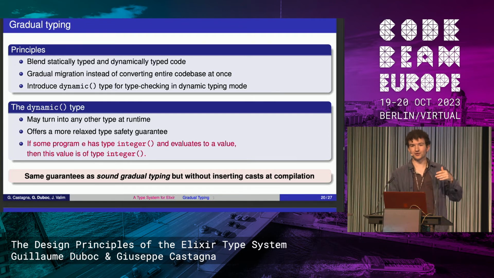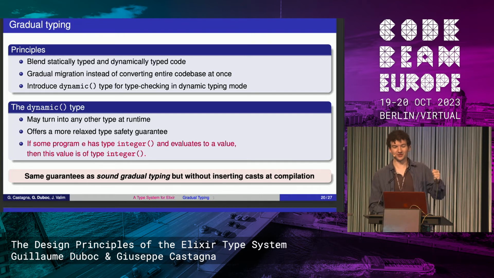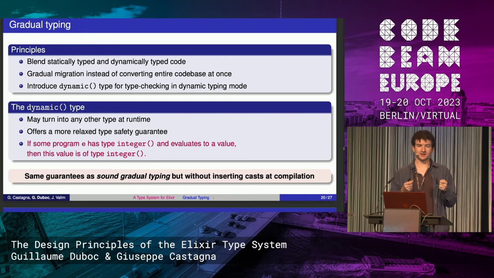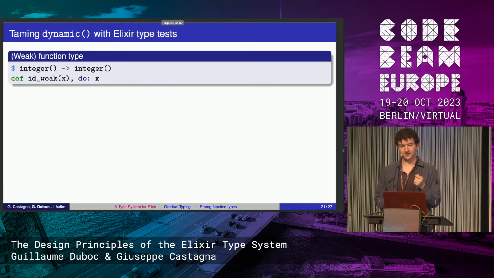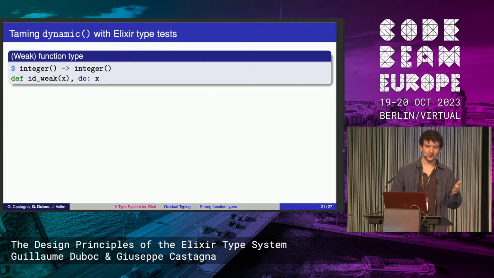This is normally called sound gradual typing, but here we do it without modifying the compilation. That is, without inserting specific typecasts into the execution. And we do that by taking into account the type tests that are already being done in Elixir. And let me show you how we do it.